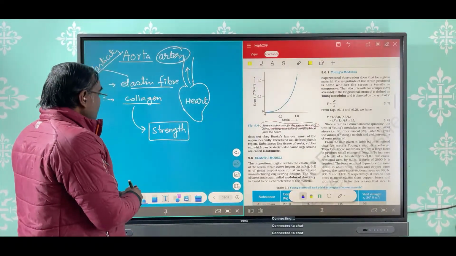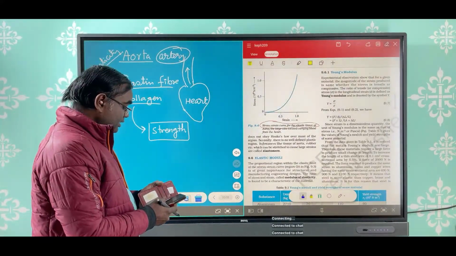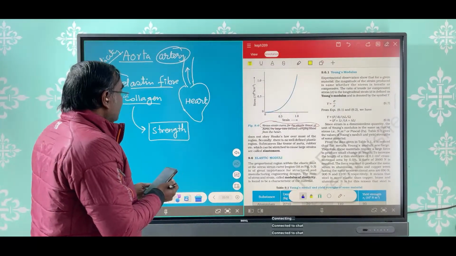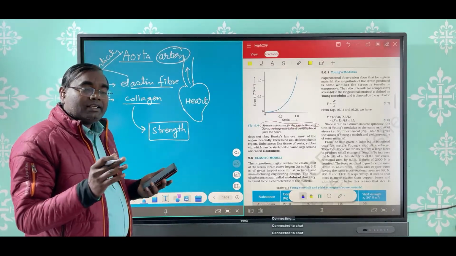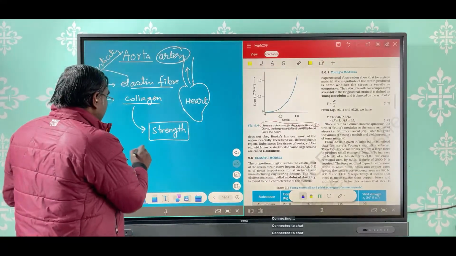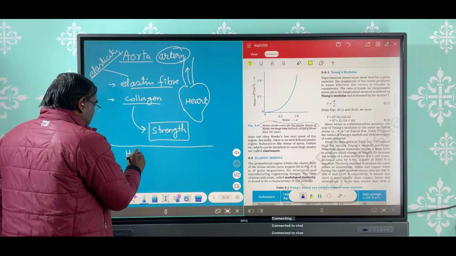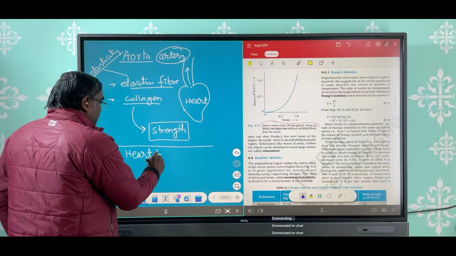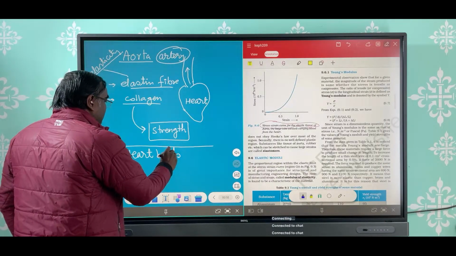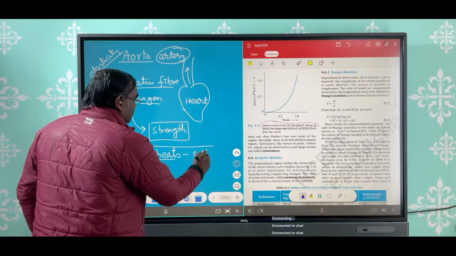See, when the heart pumps, it means the heart gets contracted. Heartbeat means heart contraction, that is known as systole.